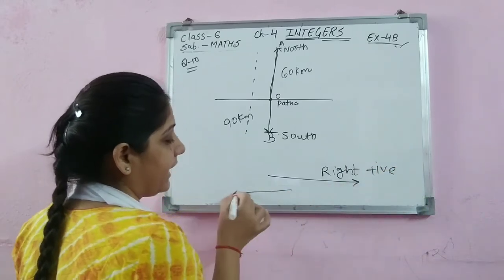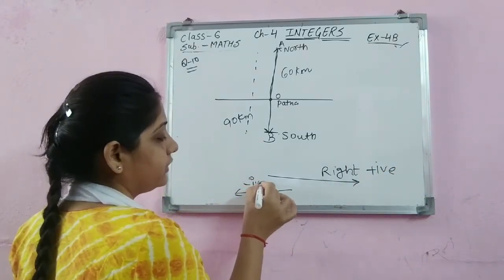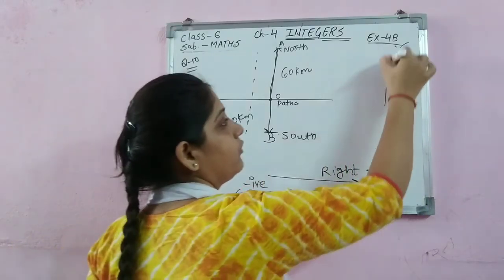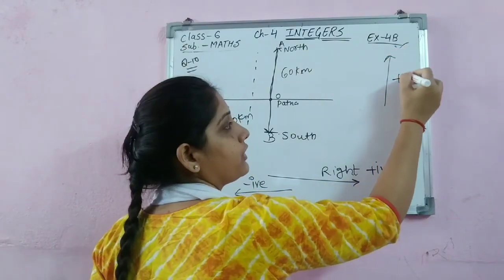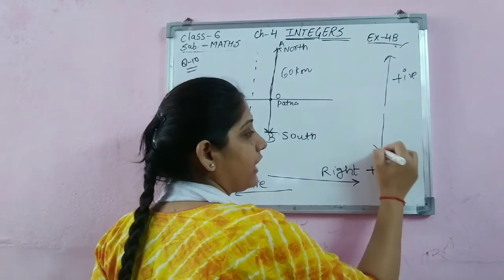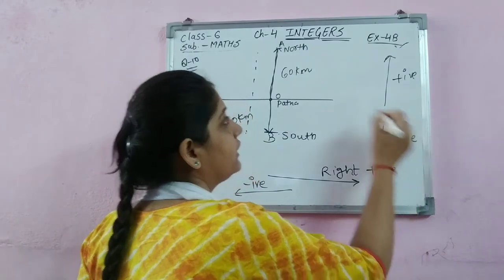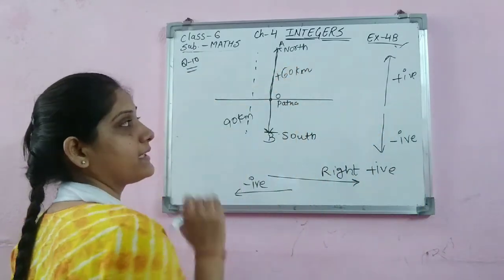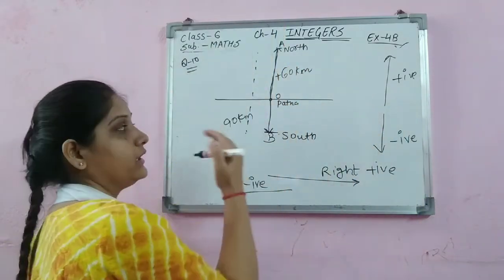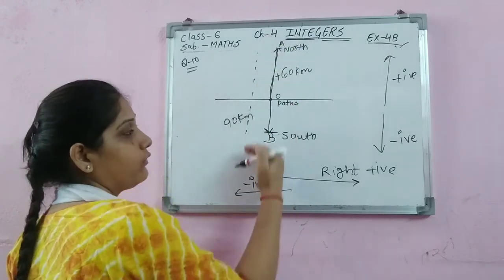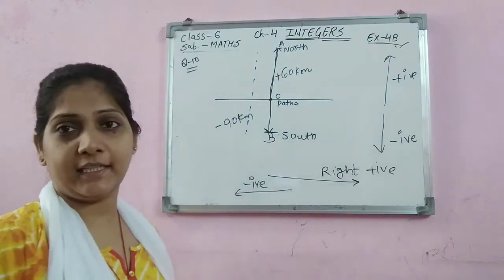If we are moving left, it means negative. In the same way, if we move upward, positive. If we move downward, negative. So 60 is with plus sign because we are moving to north. 90 we are moving downward, so it is with negative 90.